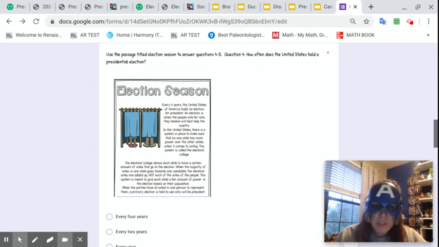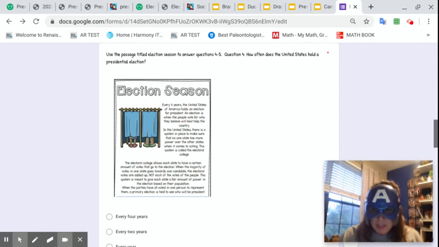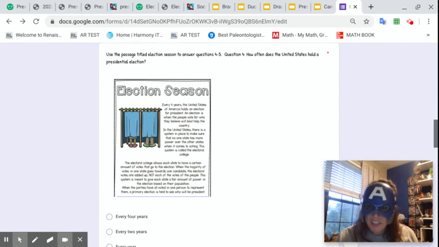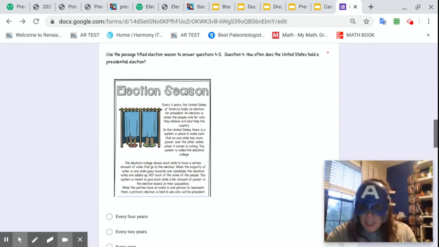Now, we don't always agree with everything that these people are persuading us that they will do as a president, but we want to pick the person that not only is our party, but also represents the beliefs that we have, okay? So for example, if you have an election going on, and one of the candidates is named Bob, and Bob says that he is going to have recess every single day.